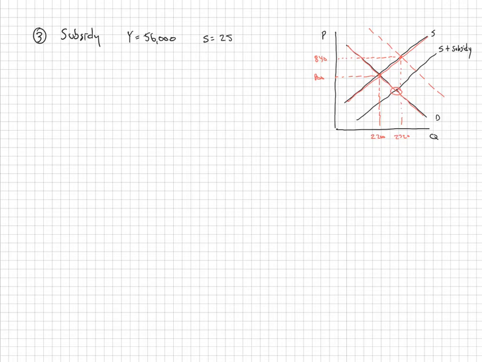The first thing we need to see is that with a subsidy, the price that consumers pay, which is going to be this new equilibrium price, is going to be different from the price received by the producers, who get the subsidy plus the market price, and therefore they're going to get P plus S. So quantity supplied is going to be determined by P plus S, whereas quantity demanded is determined by just P.